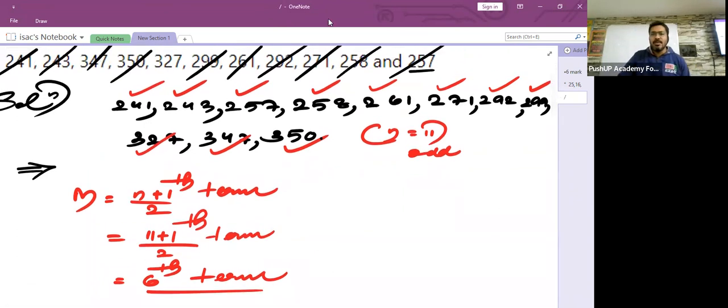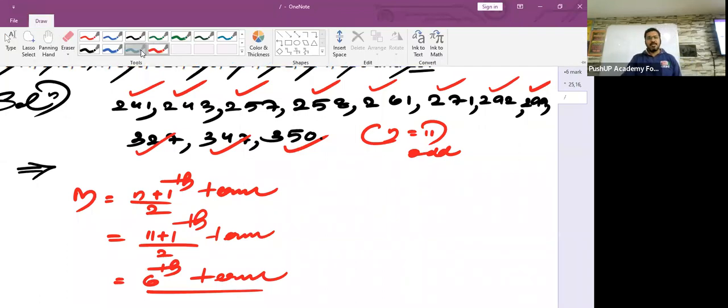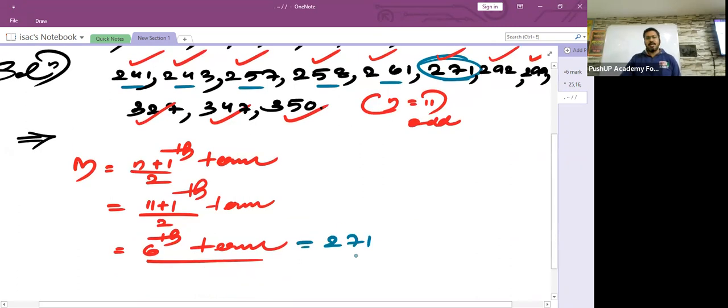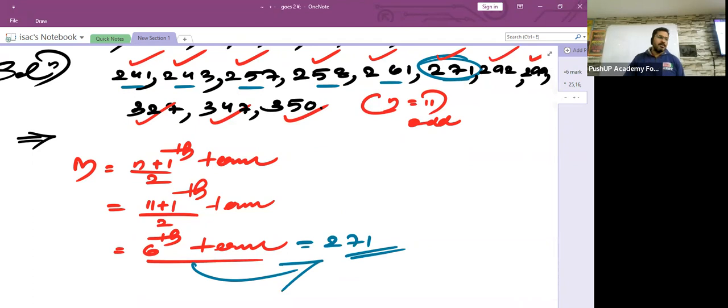I want you all to count the observations and tell me which value comes exactly in the 6th position. 1, 2, 3, 4, 5, 6. 271 is the answer. Joshua, did you get it? So this is your median value. The 6th term in the given set of observations is 271. That's your answer.